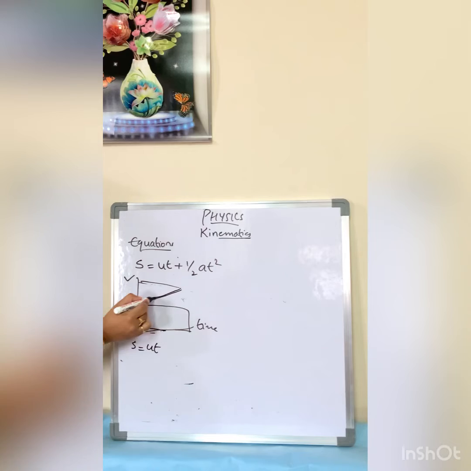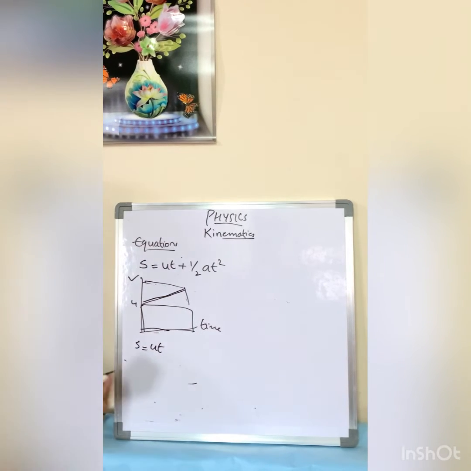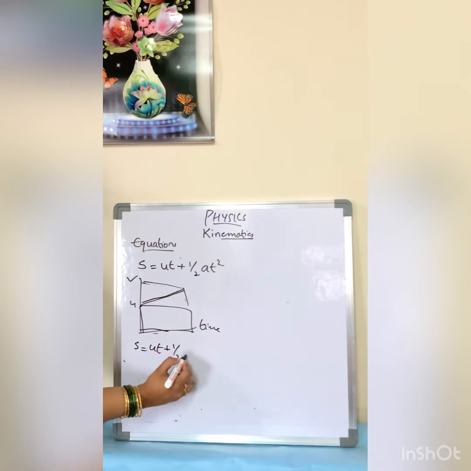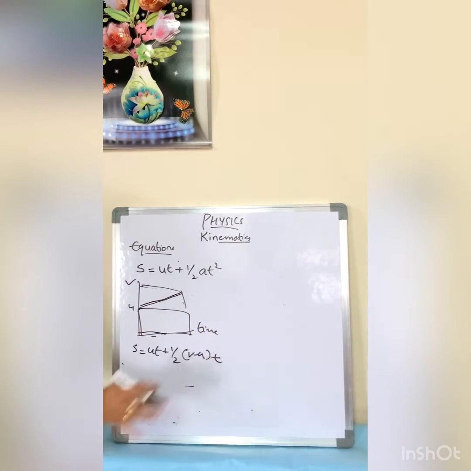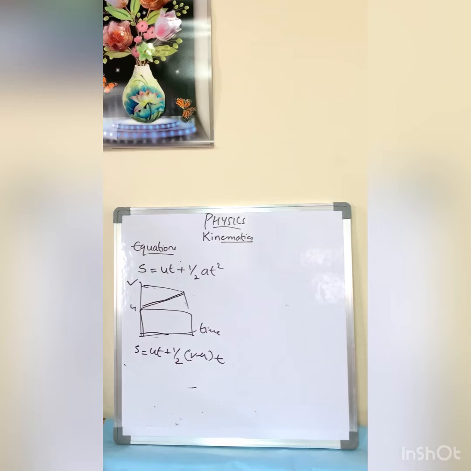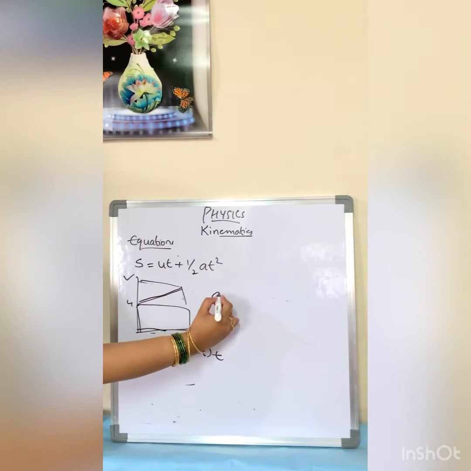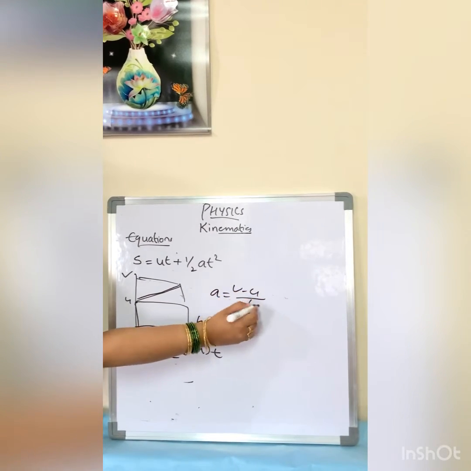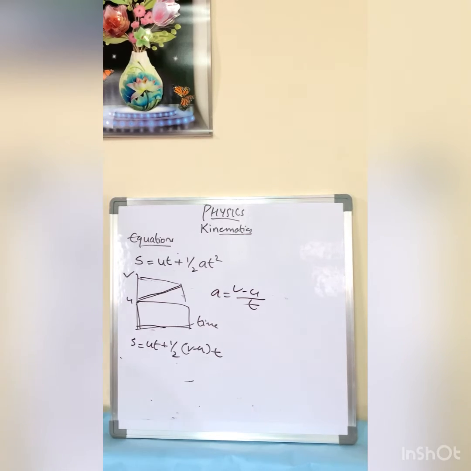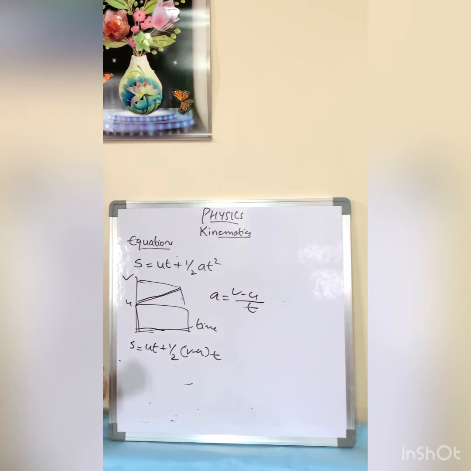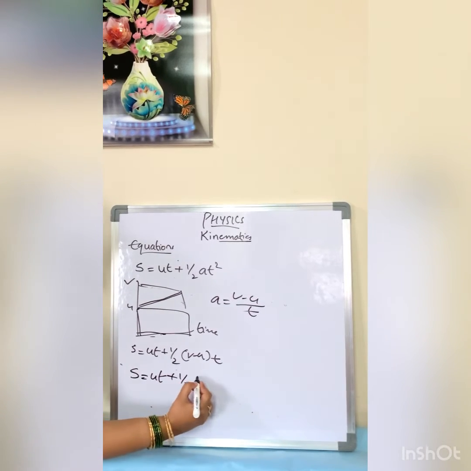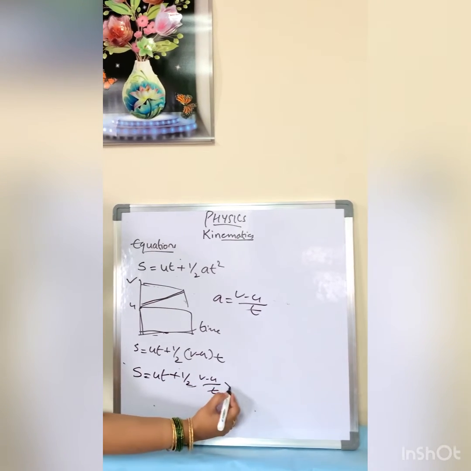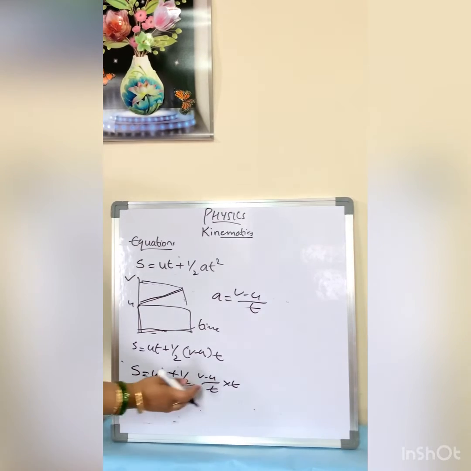Next, considering this as a triangle, UT plus half V minus U into the time taken. Okay, we know that A is equal to V minus U divided by T. So here is V minus U.